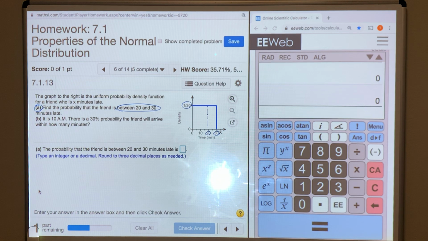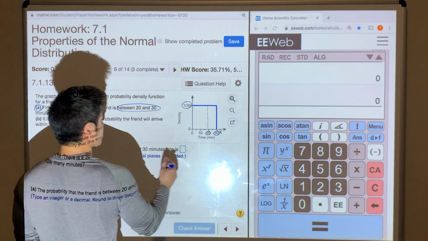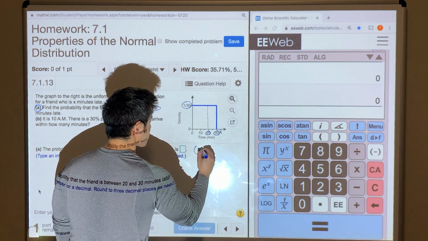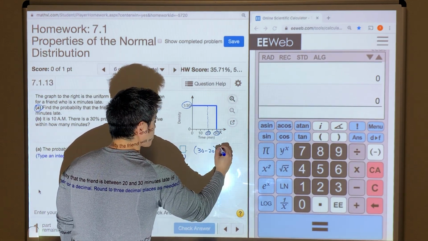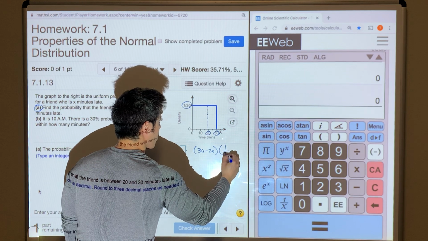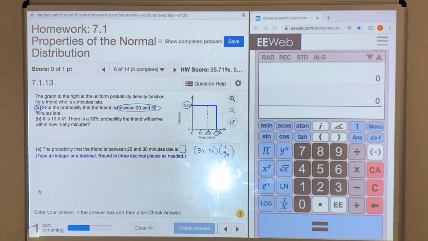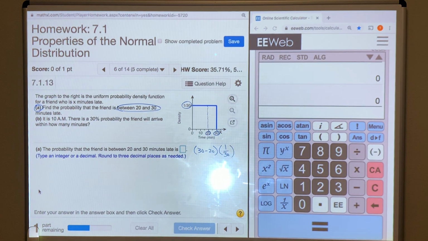Now, if you want to know the probability that the friend is going to be between 20 and 30 minutes late, then all you have to do is subtract and find the difference between the two and multiply it by whatever your probability is. That would give you your answer.